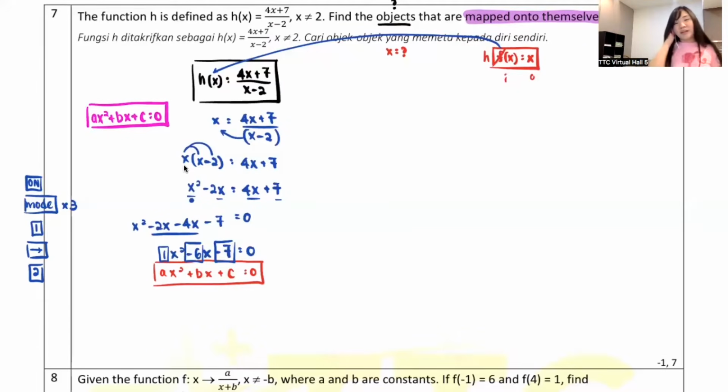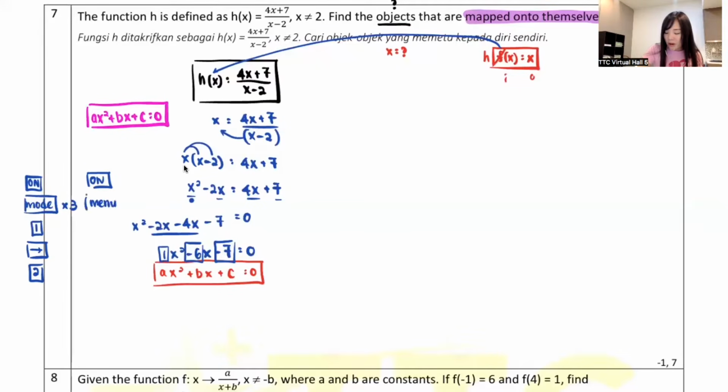I'm scared some of you are using the yellow color, white color calculator. I tried the white color one, even though I don't really remember how to press. Oh, I remember already. My dear, for the white color calculator, you press on. After you press on, you press menu.